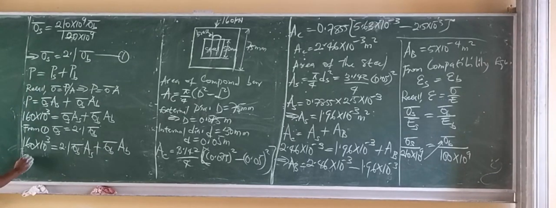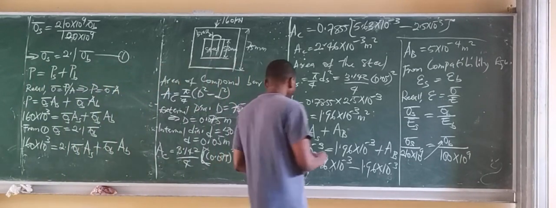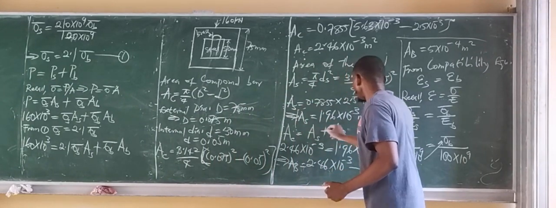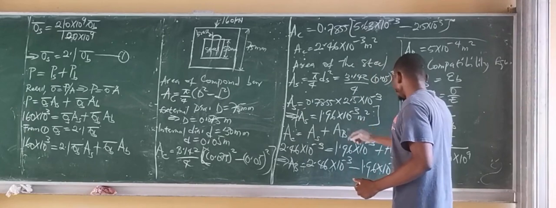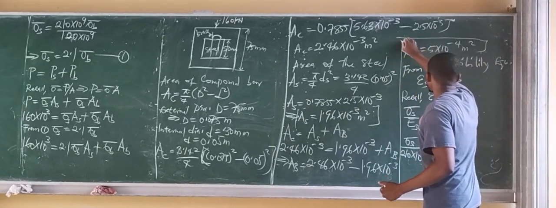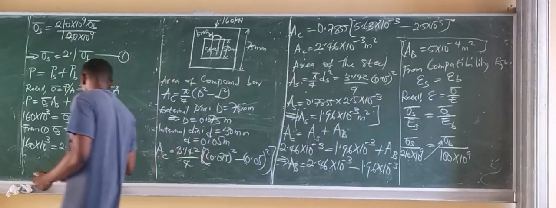Next, recall that we've already found the areas. The area of the steel bar was given as 1.96 by 10 to the power of minus 3, while the area of the brass was given as 5 by 10 to the power of minus 4. So we simply substitute that into the equation.